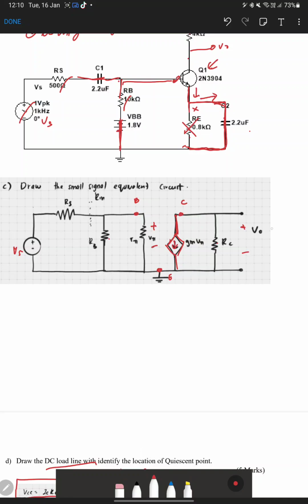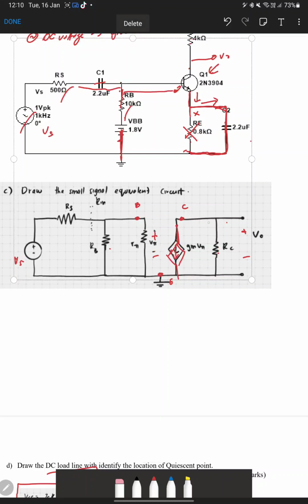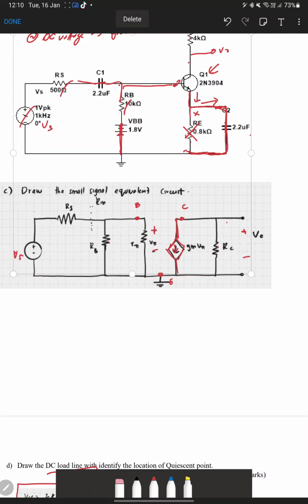So voltage output here is equal to the voltage drop on RC, but the current must flow from the top. So current must flow from here. So we get voltage positive starting from here and minus at the bottom.